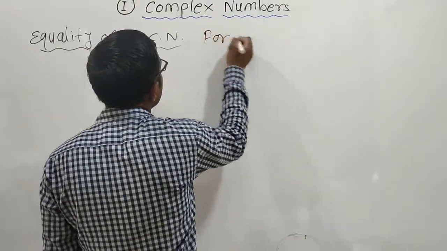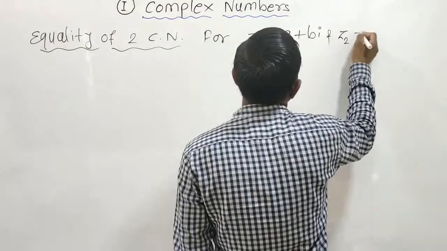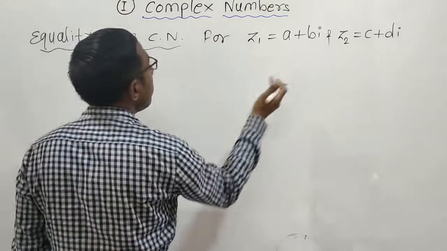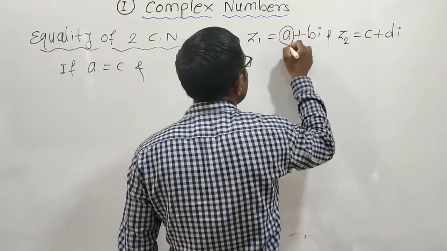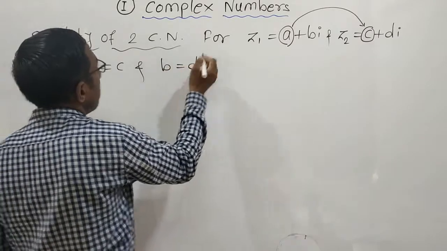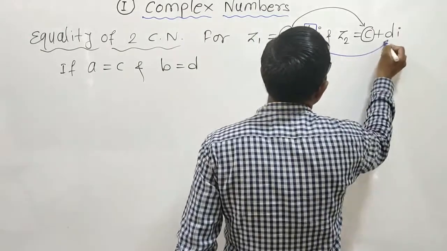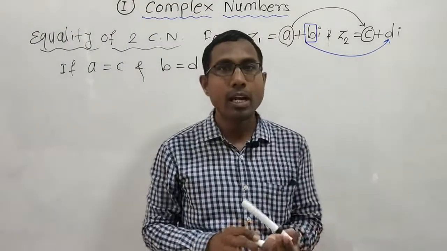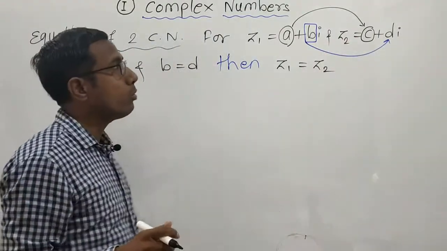So for Z1 equal to a plus bi and Z2 equal to c plus di, if a is equal to c and b is equal to d, then the two complex numbers are said to be equal, Z1 equal to Z2.